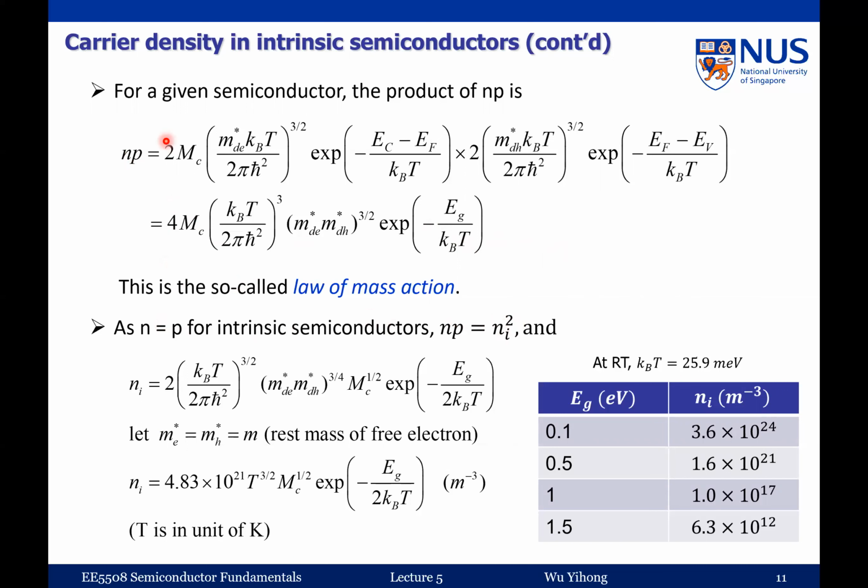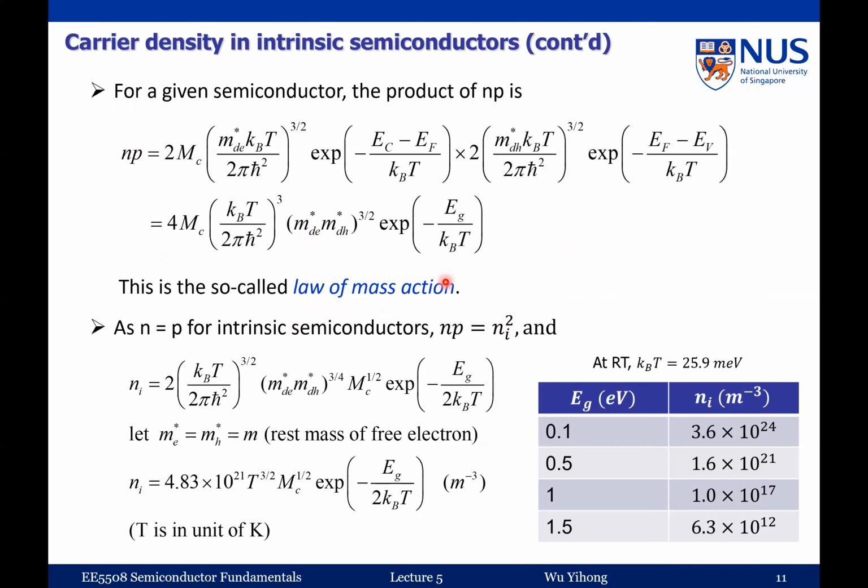By the way, this NP product is called the law of mass action in semiconductors. Why is this the case? It's just like a chemical reaction. The law of mass action talks about the rate of a chemical reaction being proportional to the product of concentrations of reactants.